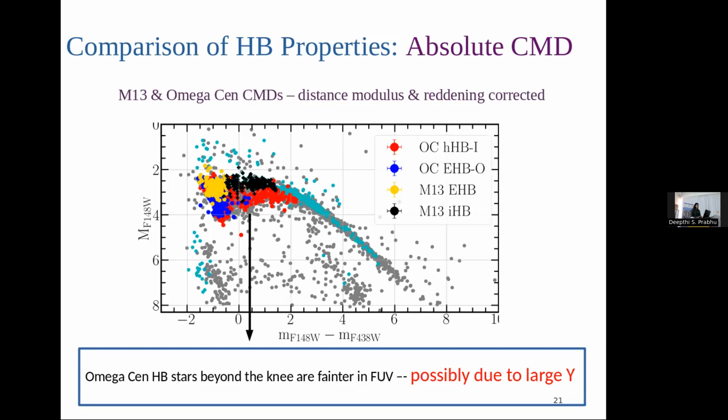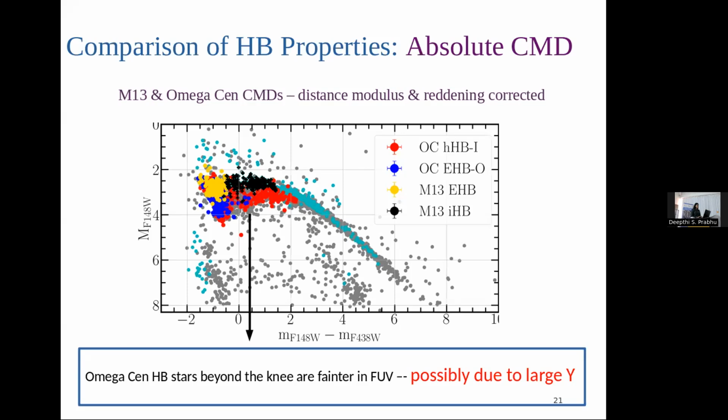But we find that the Omega Centauri sources in blue and red are fainter than those seen in M13. So it could be because of the larger spread of initial helium abundance found in Omega Centauri, whereas in M13 there is a smaller spread in initial helium abundance. They are not enhanced in helium. So this could be one of the reasons.